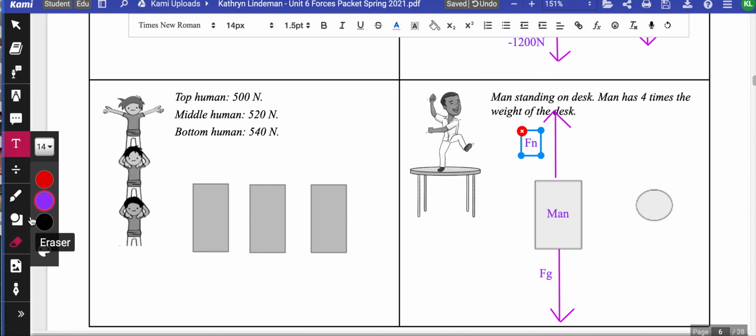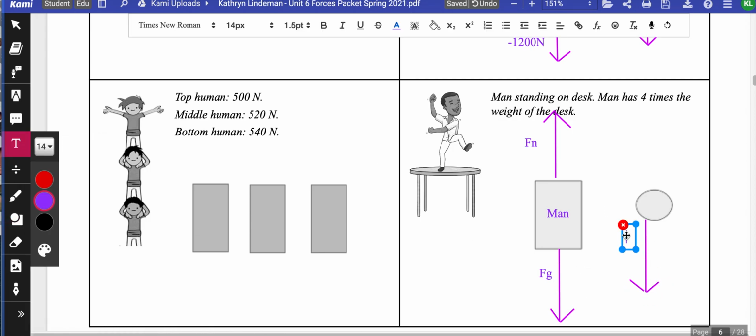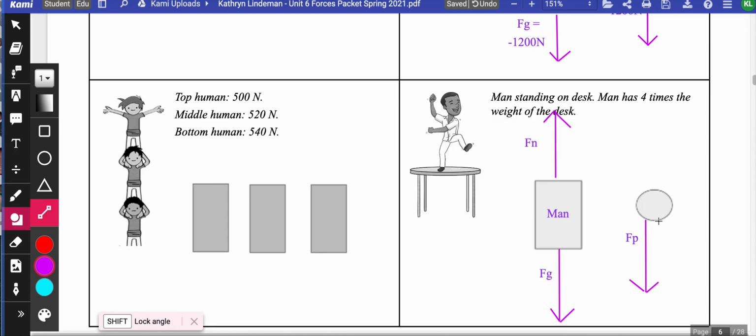Okay. The desk has a push force pushing down that is equal to that of the man. Okay, so it has a push force, and then it also has a gravity force. It's going to be a quarter the size.